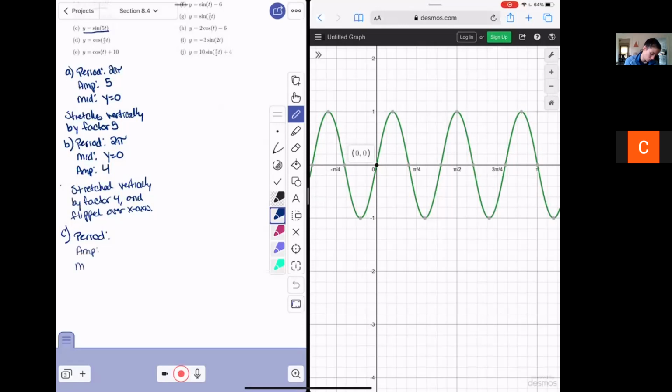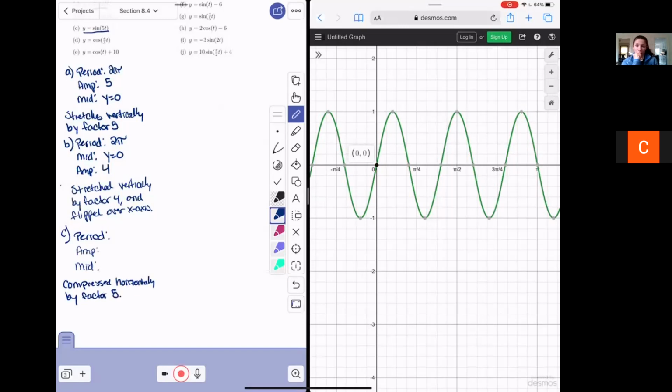Is it being horizontally shrunk? Yes, it's being compressed horizontally by factor 5.